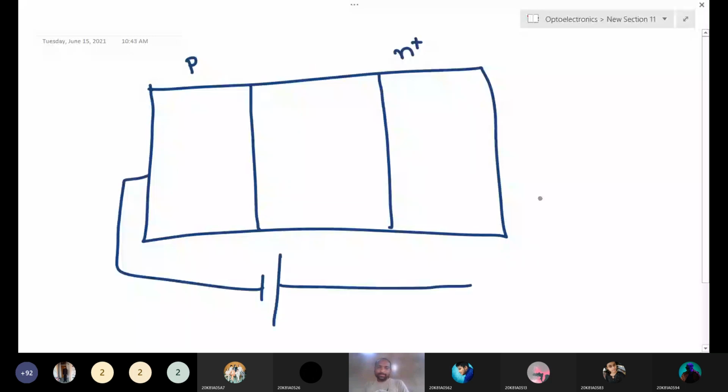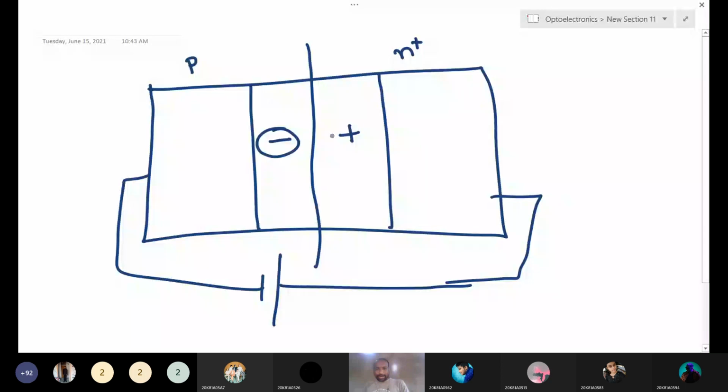You remember that at the interface we have negative acceptor density on the P side and positive donor density on the N side. This is the simple PN junction diode we have discussed, under reverse bias. If you increase the reverse bias voltage, the depletion width also increases.